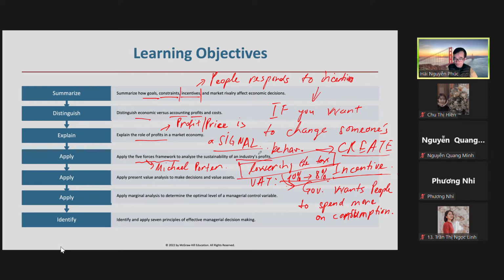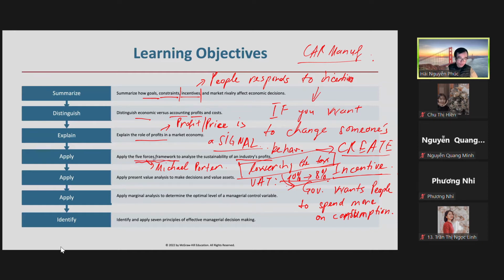All right, the industry's profit. So for example, suppose you want to analyze the profit in an industry like car manufacturing. It is an industry. We want to know what are the factors that affect the profit in the car manufacturing industry. We can apply this framework, the 5 forces framework.